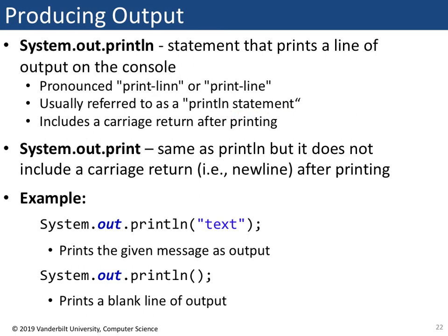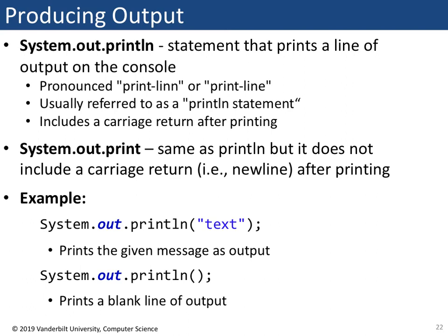It literally means in Java, methods contain statements. So this is a print line statement. At the end of printing whatever is in the argument for the print line, it will issue a carriage return, which returns the cursor to the beginning of the following line.